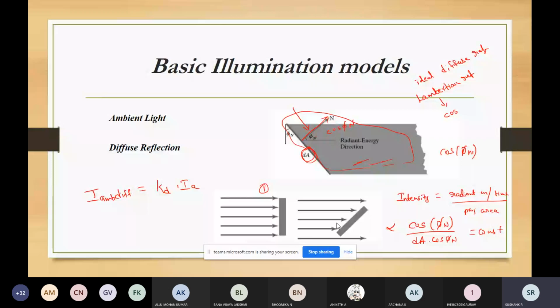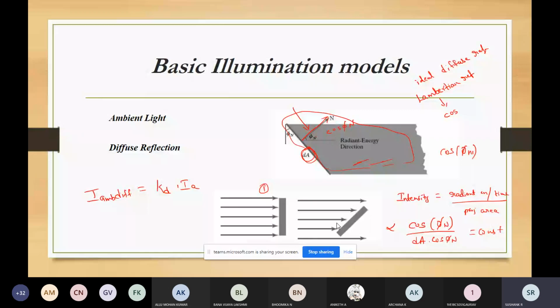A surface which is normal, that is, perpendicular to the direction of the incident light, will get more illumination when compared to an object which is at a particular angle with respect to the direction of the incoming light.